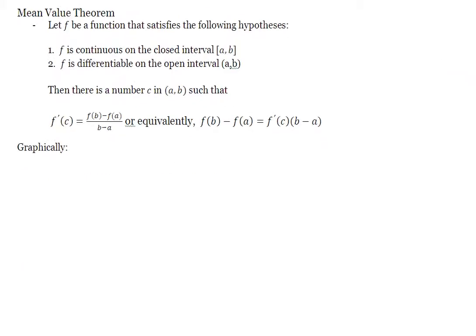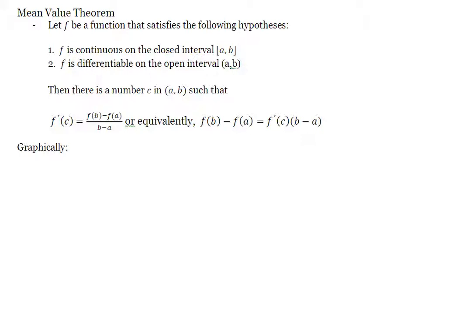Now what's the mean value theorem? Again, I start with a continuous function that is differentiable. So let f be a function that's continuous on a to b. We have a function that satisfies the following hypotheses: f is continuous on the closed interval and differentiable on the open interval.